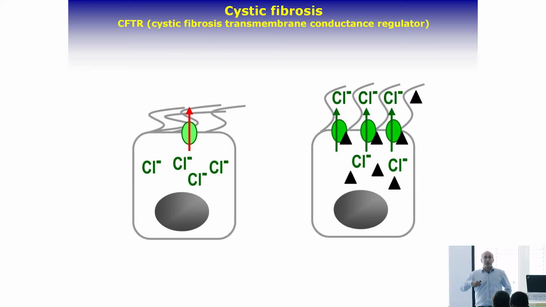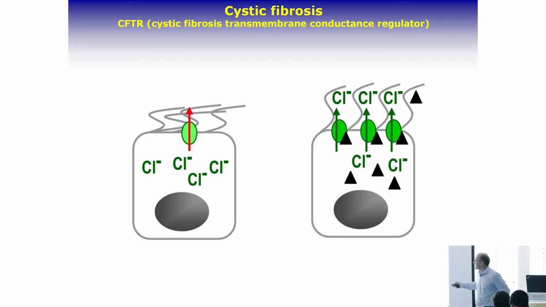The liquid which covers our airways is very concentrated, very thick, and therefore the lung and the airways cannot clear the dust and the bacteria, and the biggest problem is lung disease, like inflammation.